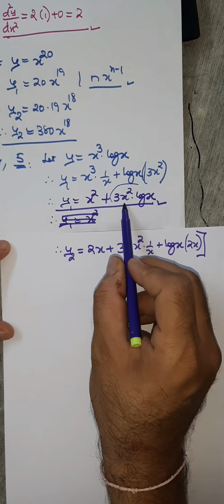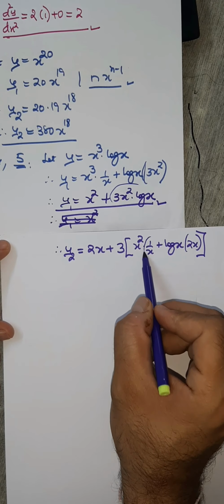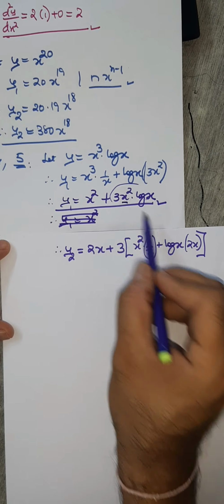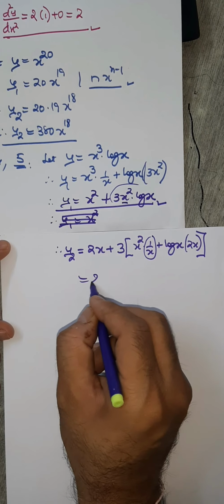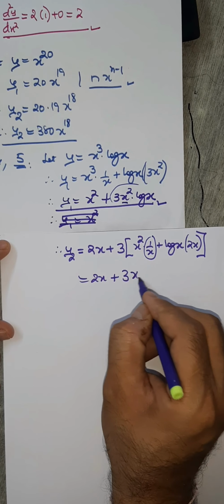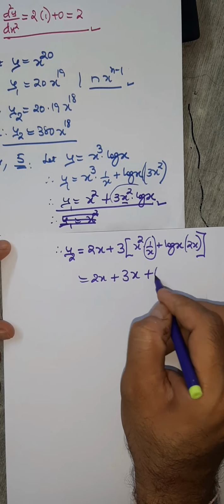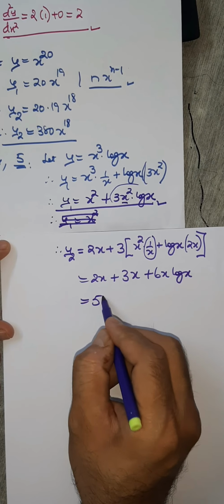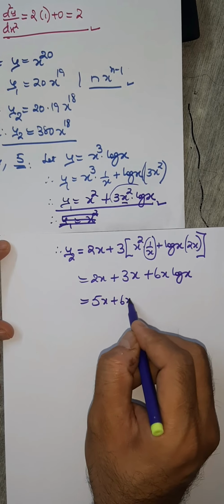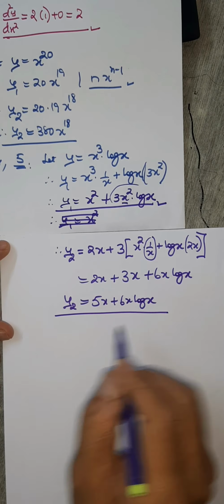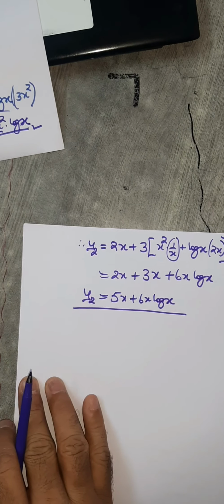Product rule, I repeat, x squared as it is, derivative of log x 1 upon x, log x as it is, derivative of x squared 2x. So finally 2x plus, this is just x, if I take inside 3x, and this is 6x into log x. So finally 5x plus 6x into log x. This is y2, second order derivative, remember.